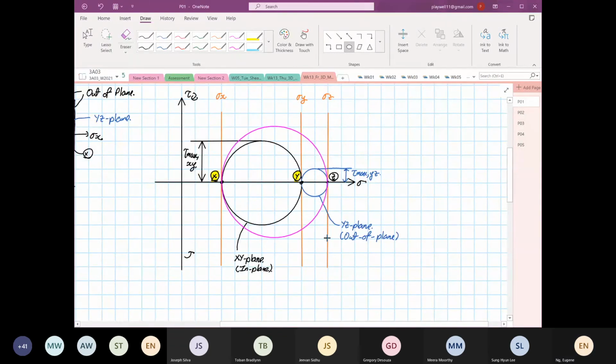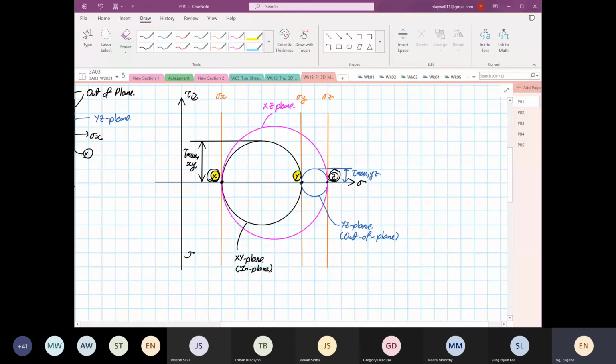Because it touches the X point and the Z point, I repeat again, it touches the X and Z point. For this case, this belongs to our XZ plane.